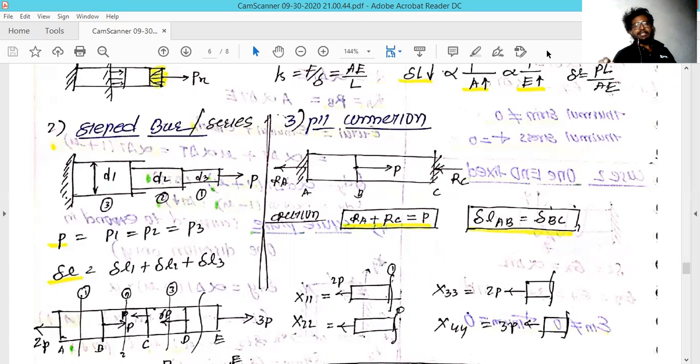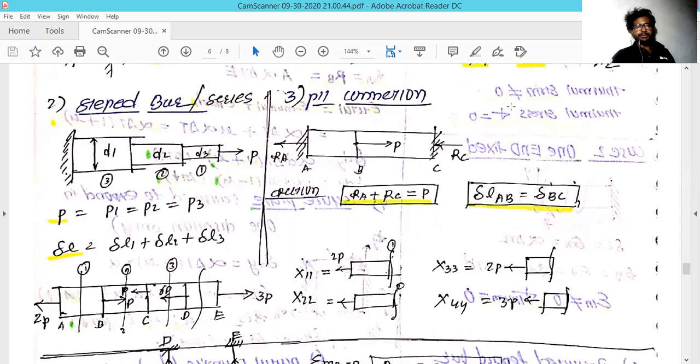So the change in length of the AB cross section will become equal to the change in length of the BC section. The only difference is that the BC section decreases in dimension, while in the AB section the change in length is positive.